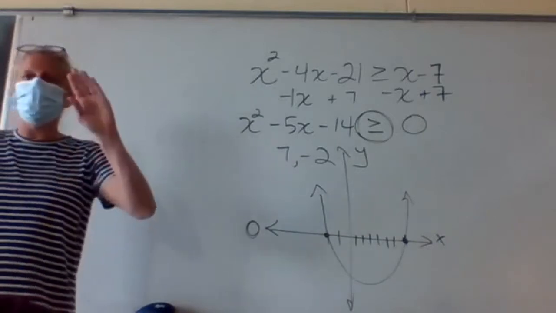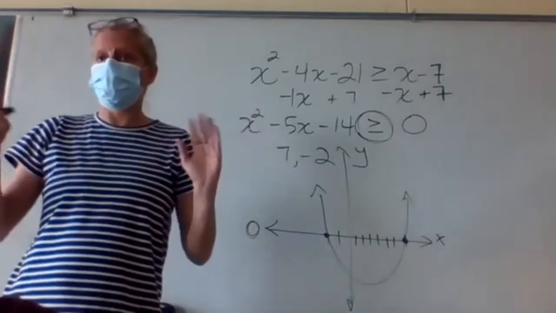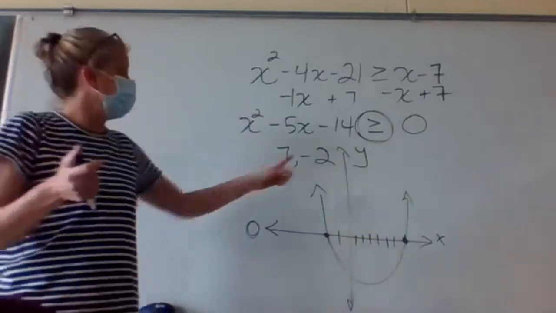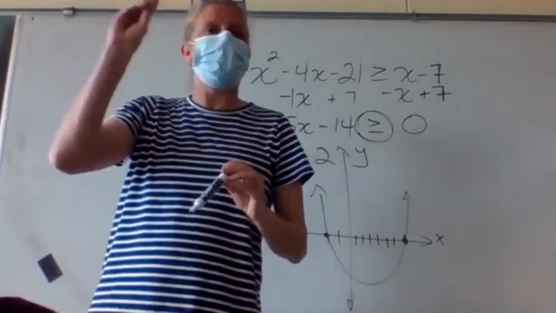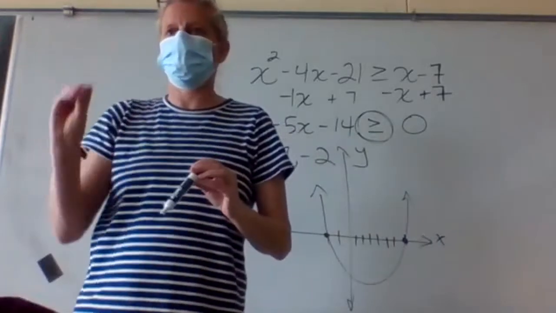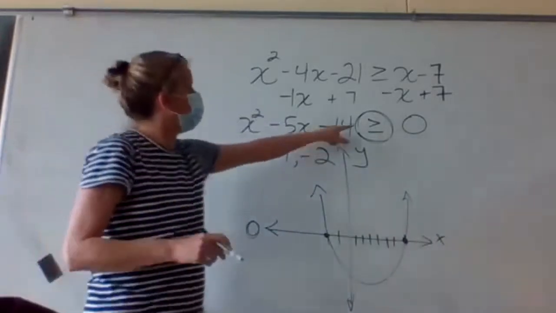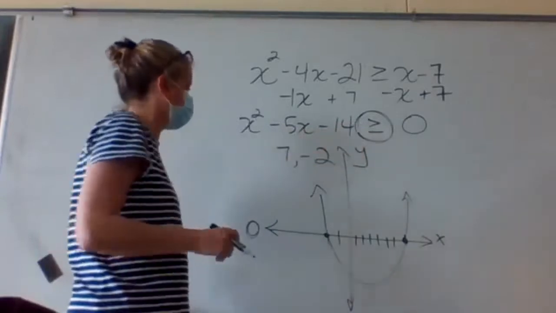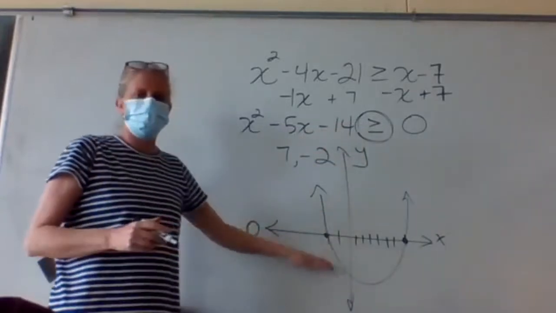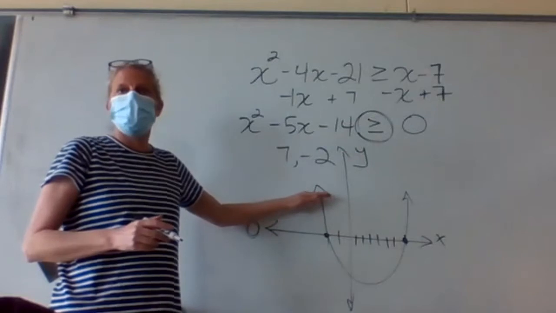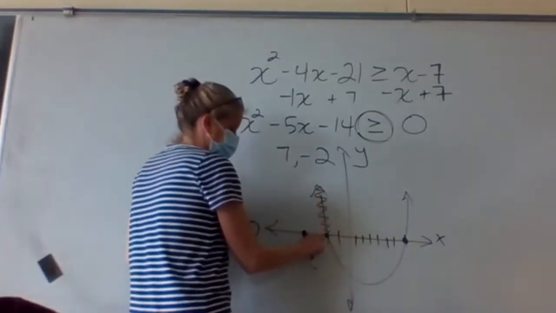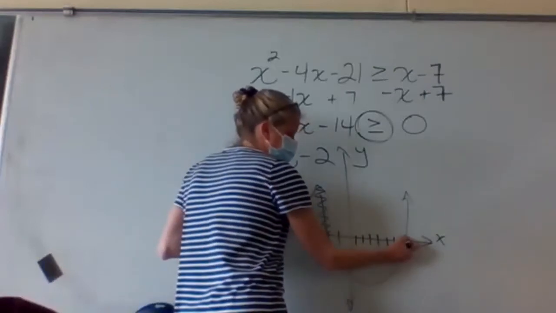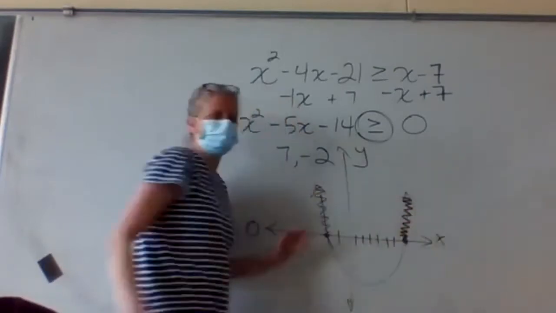I'm going to have, remember, infinities always have parentheses. But if you have an equal to sign, that means that number that you're going to be putting there needs to have a bracket around it. So what it wants to know, greater than or equal to 0, which means above or below. Greater than, above. So it's above here, stops, goes below until it gets here, and then it goes above again.